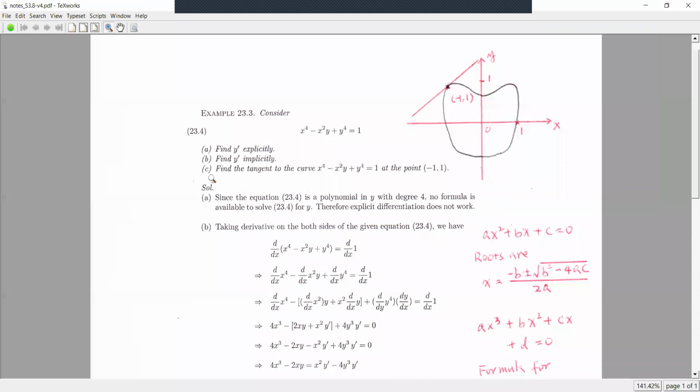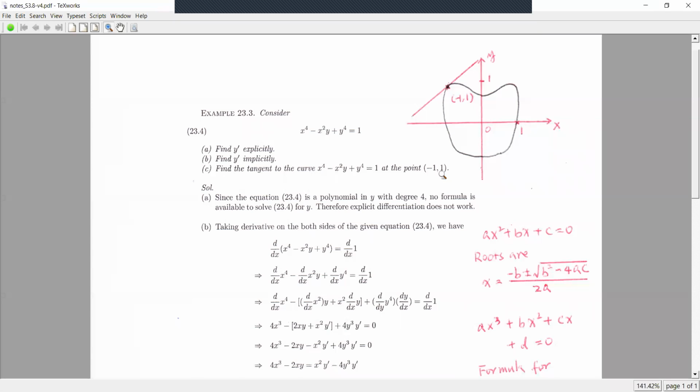Solution to part C. Find the tangent to the curve at this point. That means write down the equation of the tangent line to the curve at this point. In part B, we have found the derivative. So we can tell the slope of the tangent line at this point.